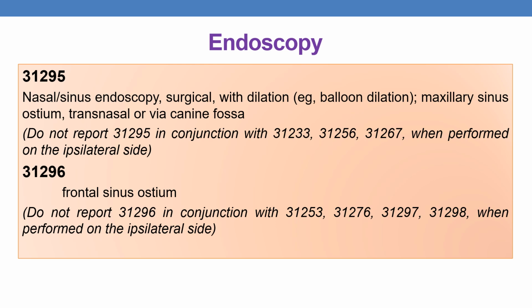The next CPT is 31296. It deals with nasal or sinus endoscopy, surgical with dilation, frontal sinus ostium. Previously it is maxillary sinus ostium, now it is frontal sinus ostium.